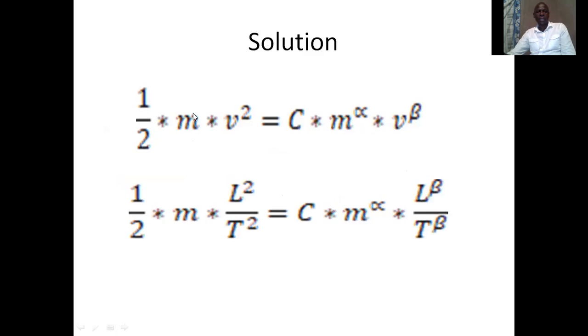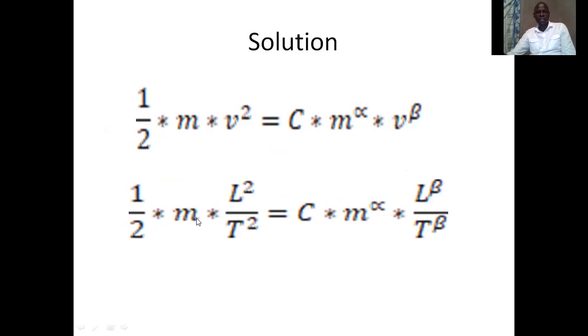You know that kinetic energy can be expressed as half times mass times velocity squared, which is equal to C, a constant, multiplied by m to the power alpha multiplied by velocity to the power beta. Half is a constant, and therefore it has no dimensions.